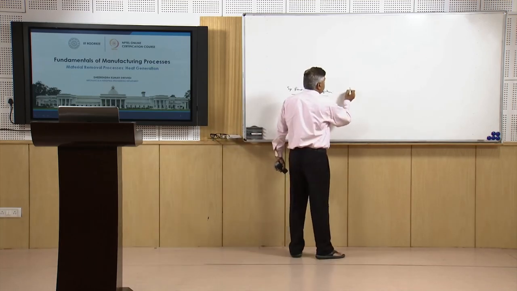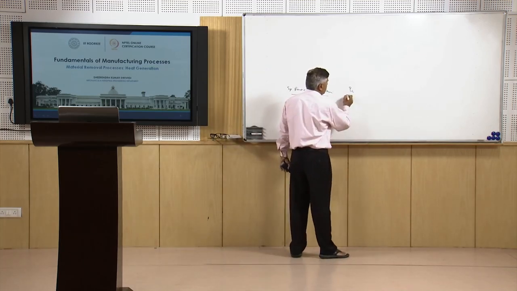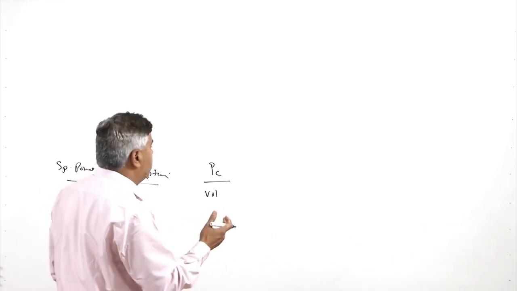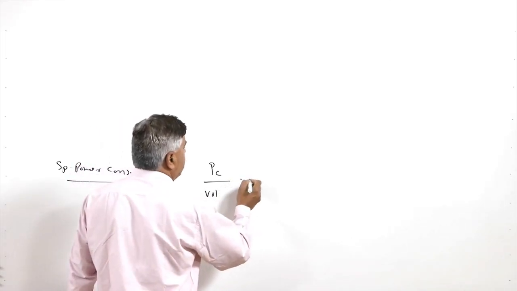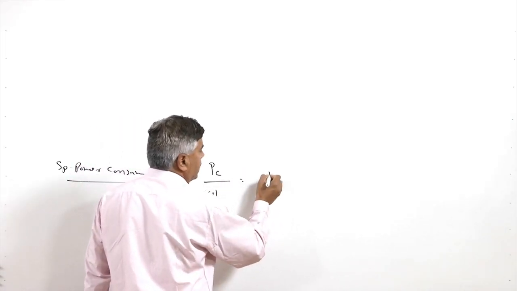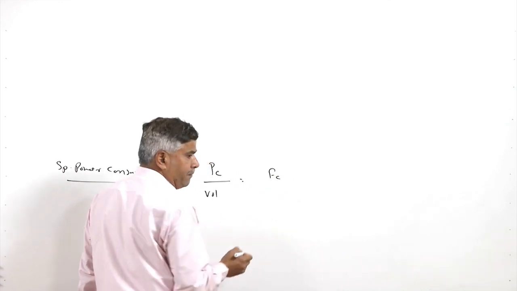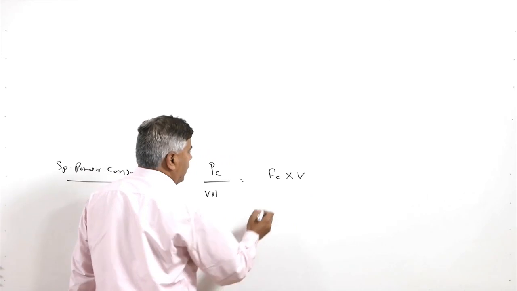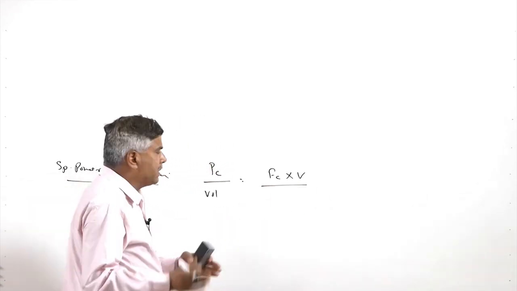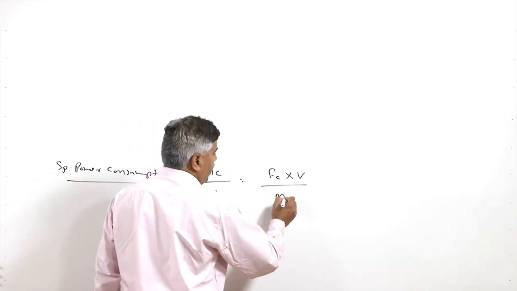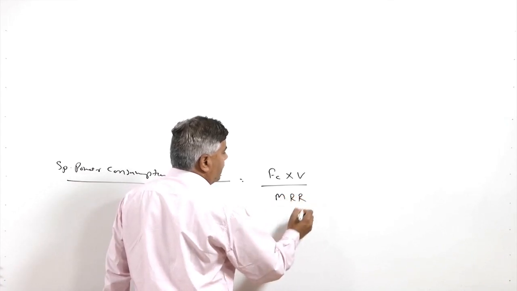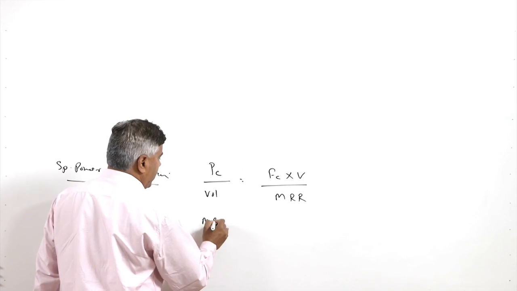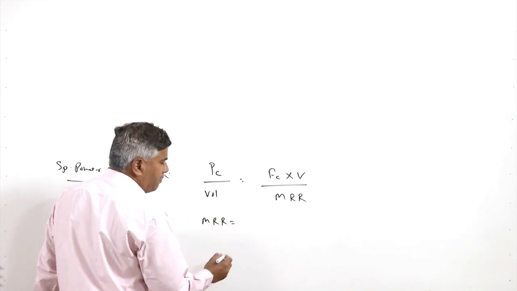So, we need to consider first the power consumption and then the volume of the material removed. Power consumption can be obtained through the cutting force multiplied by the cutting velocity, and the volume of the metal removed in unit time can be calculated using the MRR, the metal removal rate.